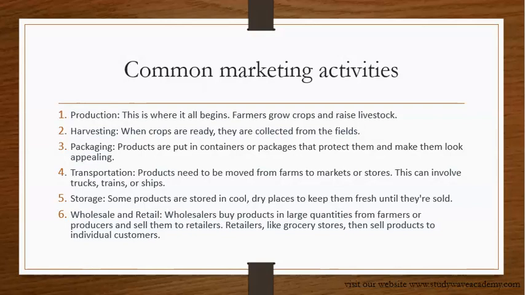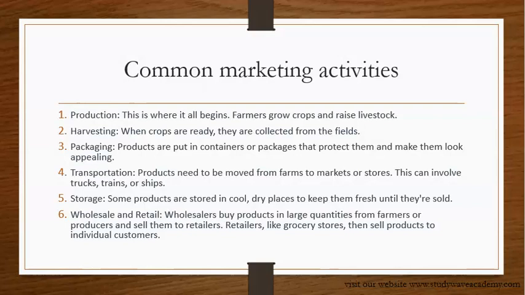Then transportation. Products need to be moved from farms to markets or stores. This can involve trucks, trains or ships. Storage: some products are stored in cool, dry places to keep them fresh until they are sold.